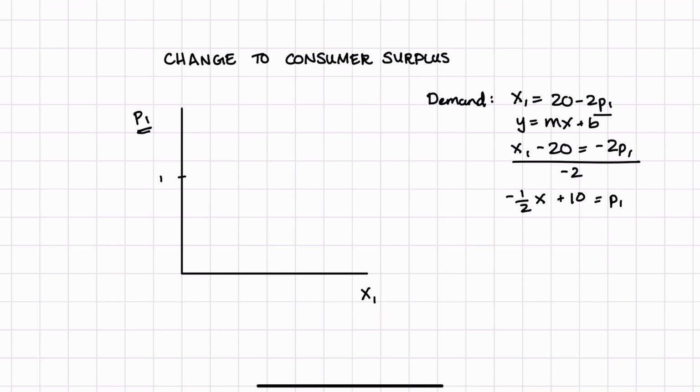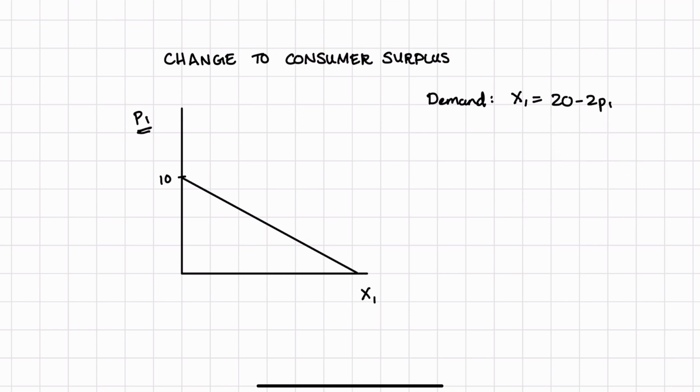Let's let this be 10, and not being too precise, but this demand curve has a flatter slope, negative 1/2. Okay, so let's say that's my demand curve, and I want to evaluate what happens to consumer surplus when the price of good 1 goes from $2 per unit to $3 per unit.